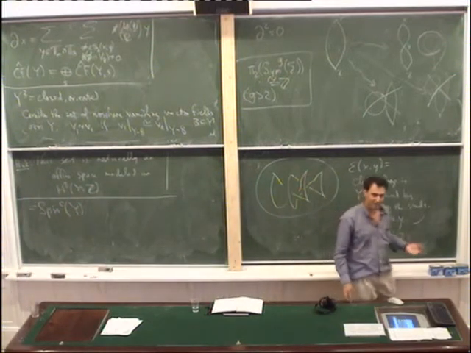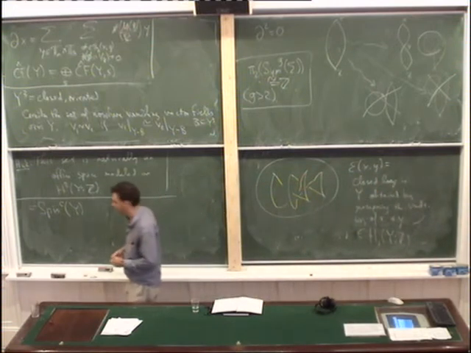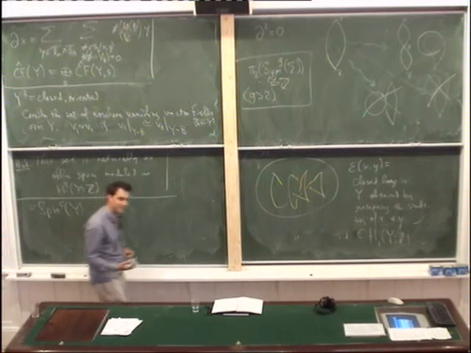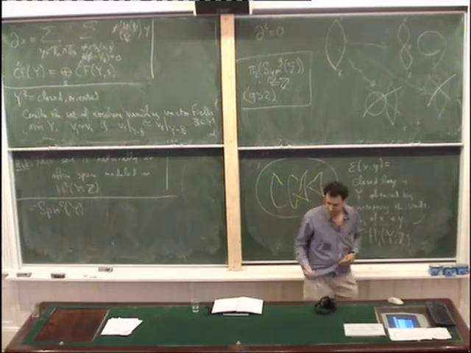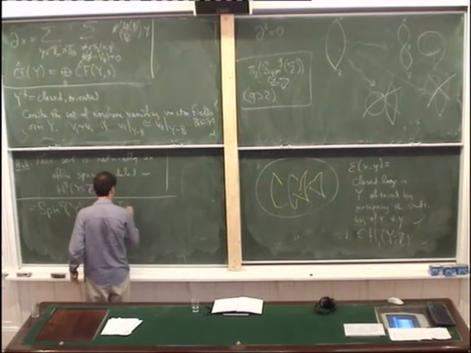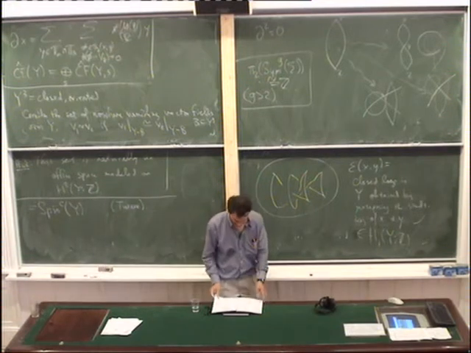Now, there are more classical definitions of the space of spin C structures on a three-manifold, but this is equivalent to them, and this point of view has been espoused by Turaev. If you want to see why this is the same, you should look at the collected works of Turaev.